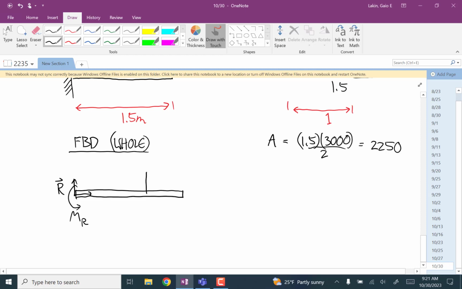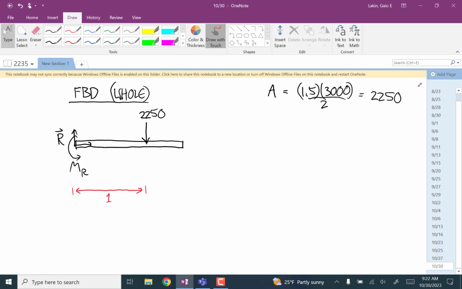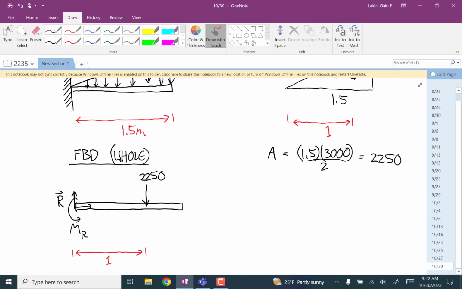And so I'll represent this as a downward force of 2250, where this distance is 1 meter. And there's nothing else going on. I'm ignoring the weight for now.